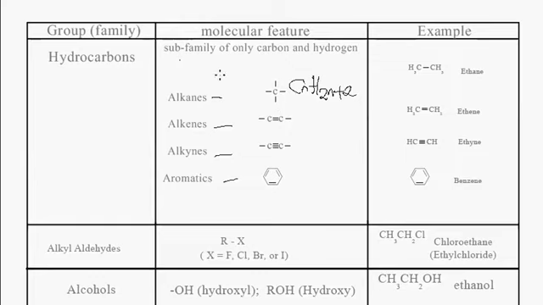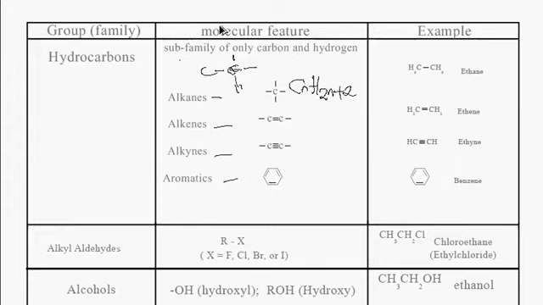And if I have 2 C's, then my H should be 2 times 2, which is 4, plus 2, which is 6, so I'll have 1, 2, 3, 4, 5, and 6 H. Alright, so that is it about the alkanes.